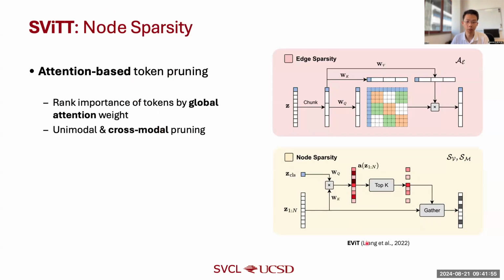This follows the prior work of EViT for image transformers, where we rank the importance of video tokens by their global attention weight. And if you recall, global attention is from the class token to the rest of the video tokens. Once we have those attention weights, we can keep a certain percentage of patches with the highest attention and discard the rest of the tokens that are less important.